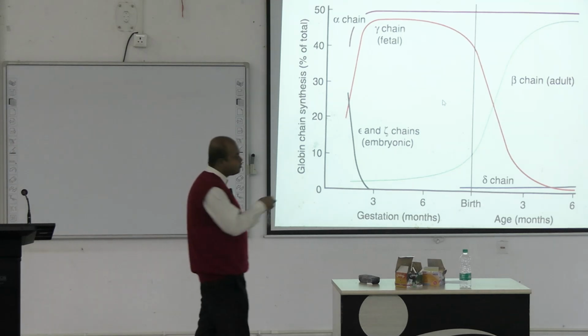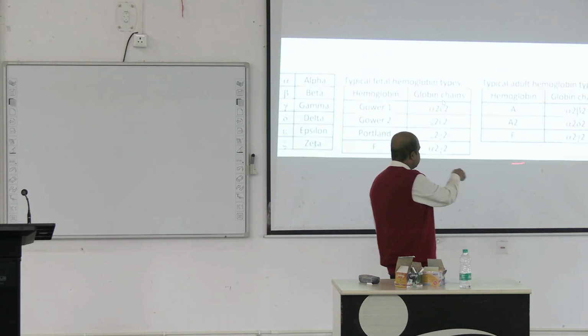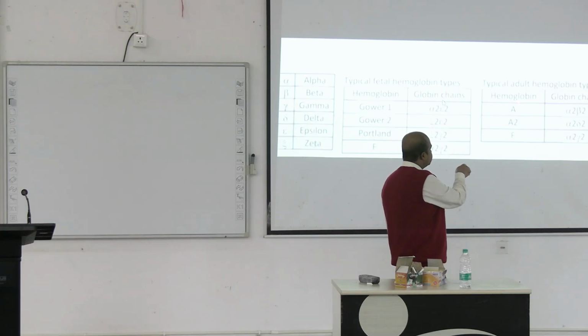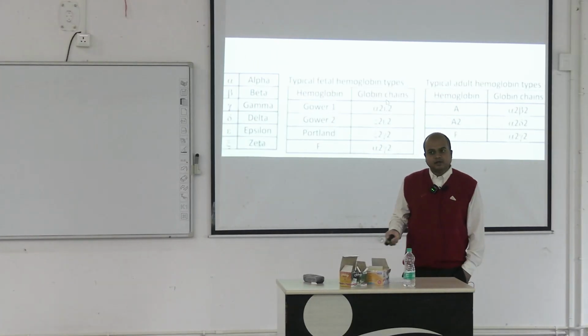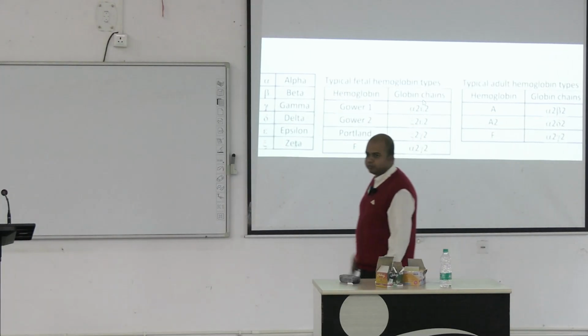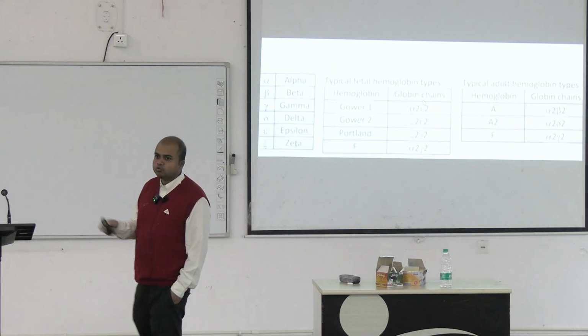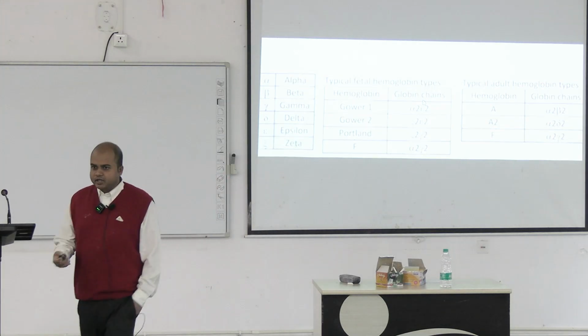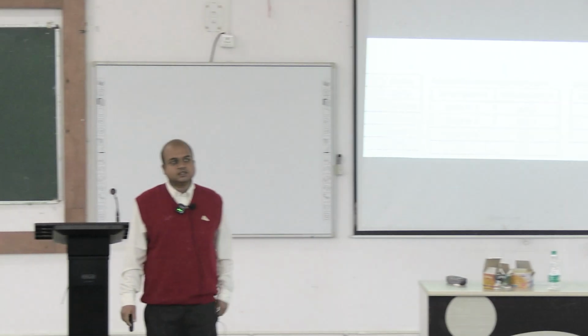So, although most of it is hemoglobin A, alpha 2 beta 2, some is alpha 2 delta 2, that is A2, and very little is alpha 2 gamma 2, that is F, because gamma chains continue to be produced throughout life, but in very small amounts, as you saw from the rates of synthesis graph.